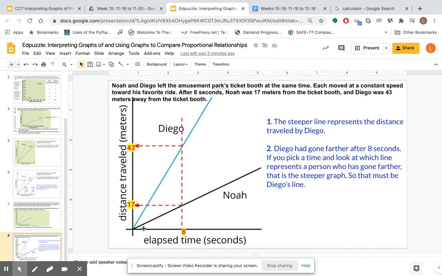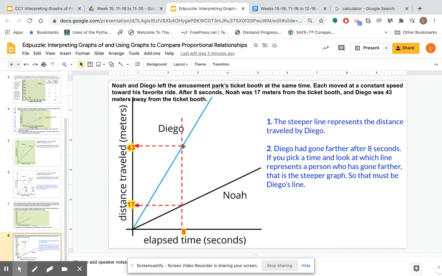All right, so the steeper line in this case is going to represent the distance traveled by Diego. Here's why, all right? Let's say that this is where 8 seconds is. Okay, maybe it is, maybe it isn't. But if I moved the line, it's going to be the same situation that right here at 8 seconds, this is the distance traveled by Noah.